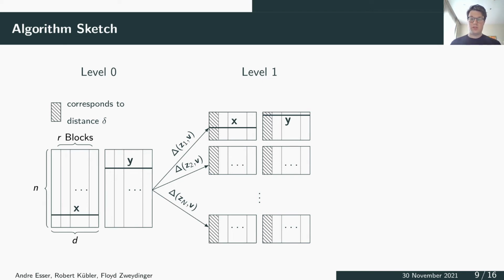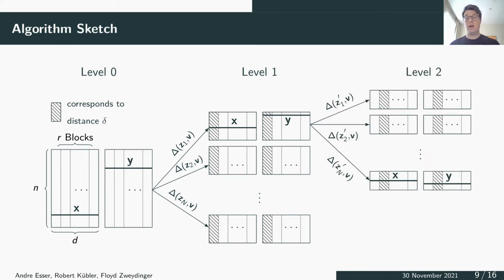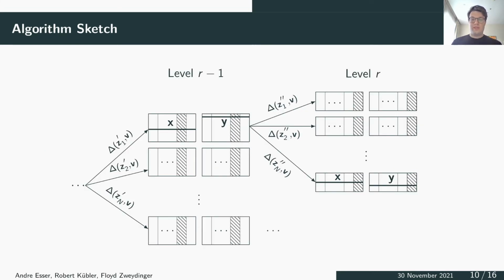And this procedure is then recursively reapplied to each of the filtered lists with newly randomly selected Zi, but now we enforce relative distance on the second block, meaning in each iteration of our algorithm we enforce relative distance delta on block E. So we repeat this until a certain maximum level of R, because we only have R blocks.